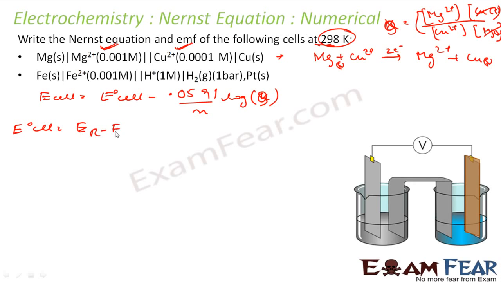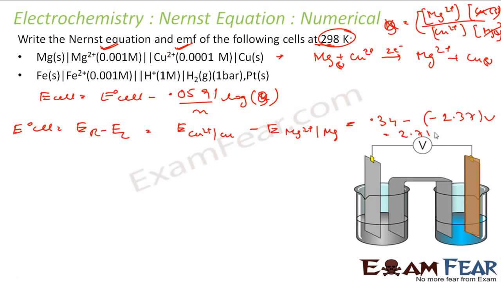E right is copper 2 plus to copper, minus E left, which is Mg2 plus to Mg. Please note both I am writing as reduction. So from the table, copper 2 plus to copper is 0.34 and the reduction potential of Mg2 plus to Mg is minus 2.37 volt. Total is 2.71 volt. So I know the value of E naught cell.